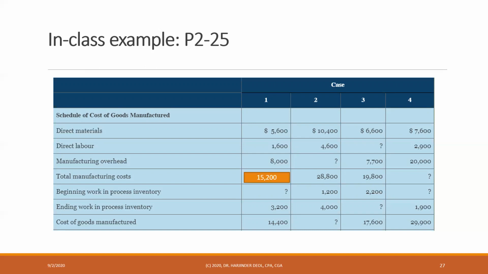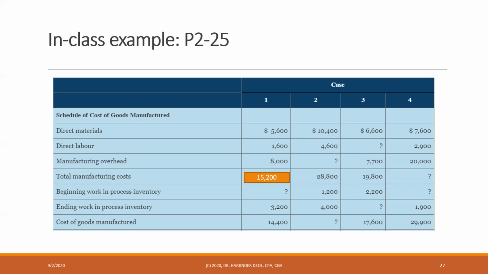Those three costs added together give us total manufacturing costs of $15,200. Now, to this $15,200, you would have added the beginning work in process, which is something that we don't know. We have to figure it out.